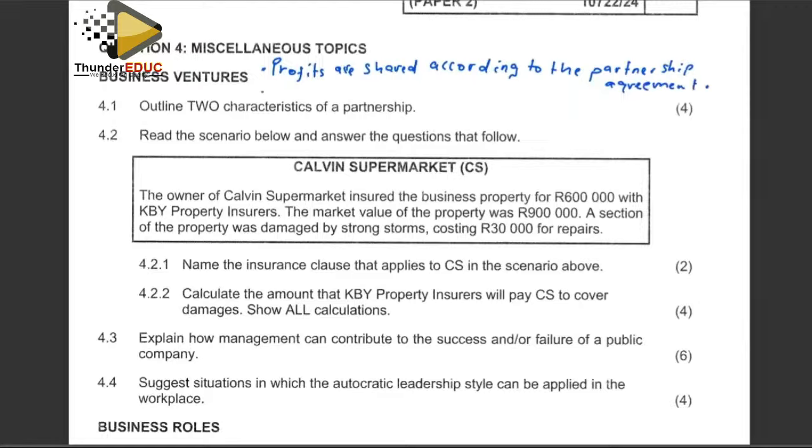So now the next one, we are saying that no legal requirements regarding the name of the business.